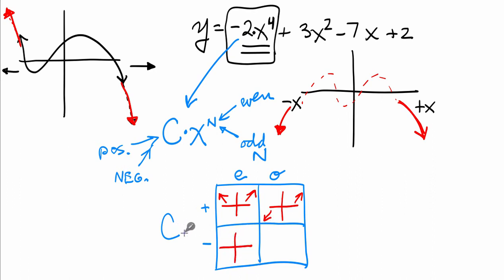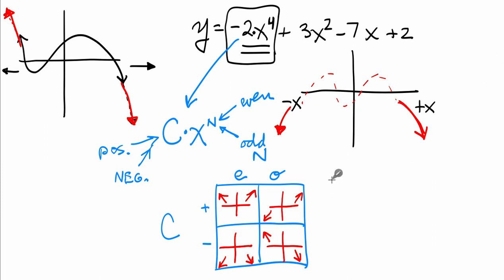If we have a negative coefficient with an even exponent for the highest degree term, the right-hand end behavior will be downward, and so will the left. And finally, if we have a negative coefficient with an odd exponent, then the right-hand end behavior will be downward, and the left-hand end behavior will be upward. These are the only 4 possible cases.